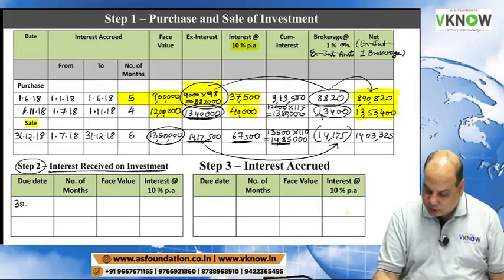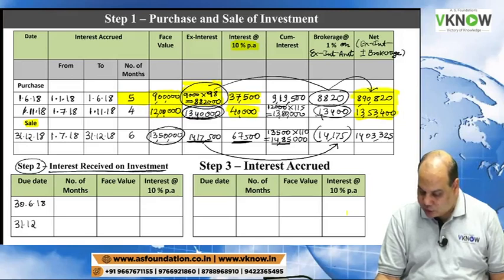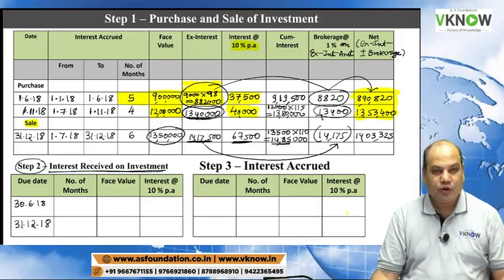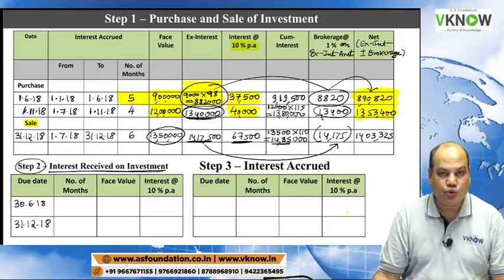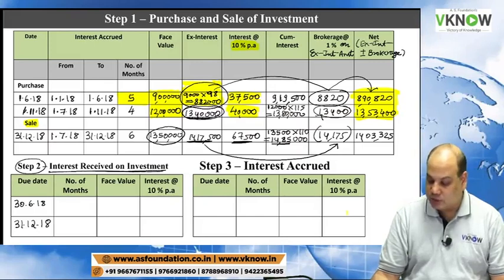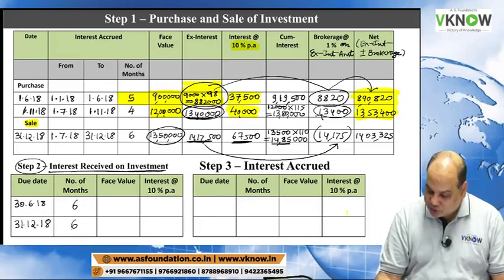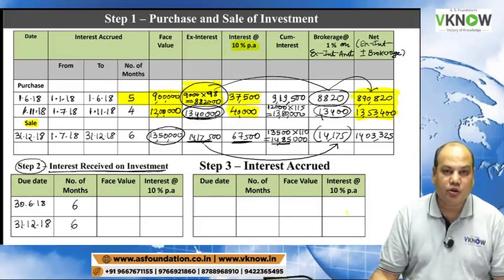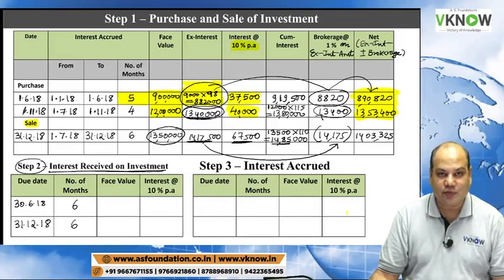One is 30th June 18 and one is 31/12/18. Interest will be paid in June and December. The number of months will be 6 months, because interest is paid every 6 months.